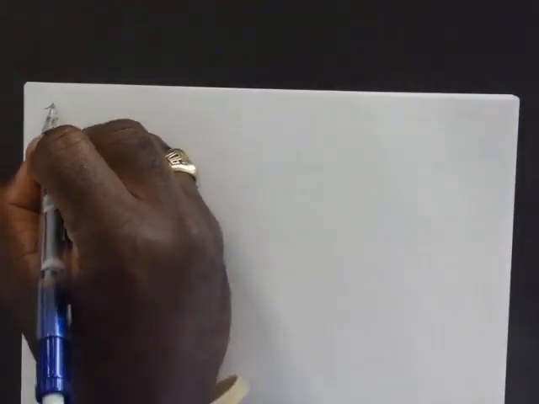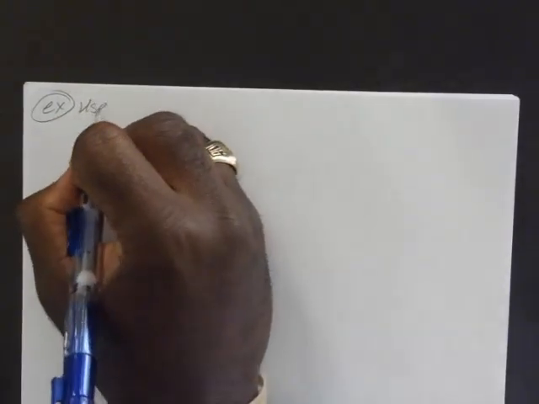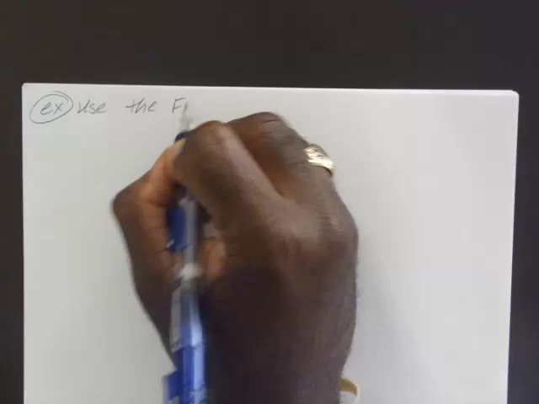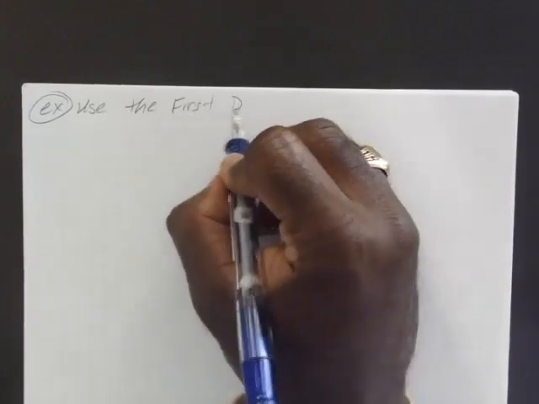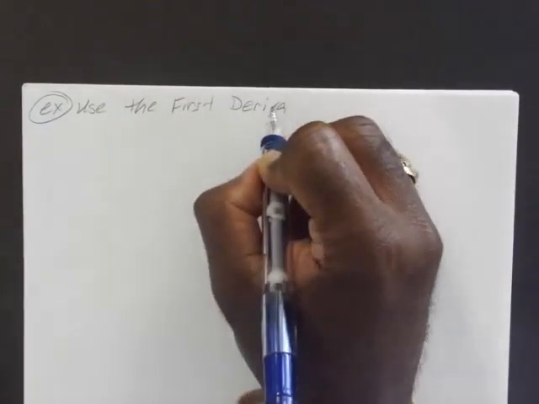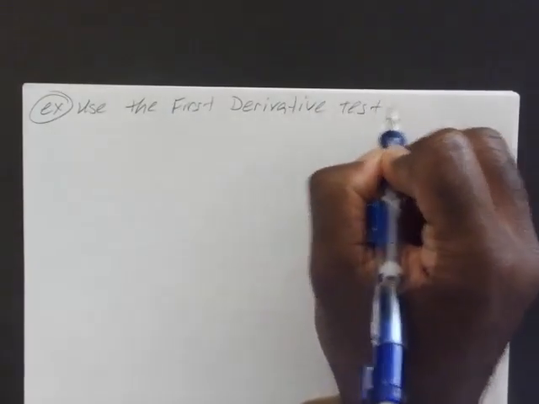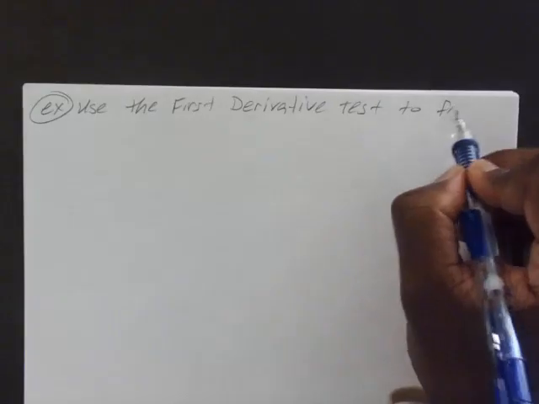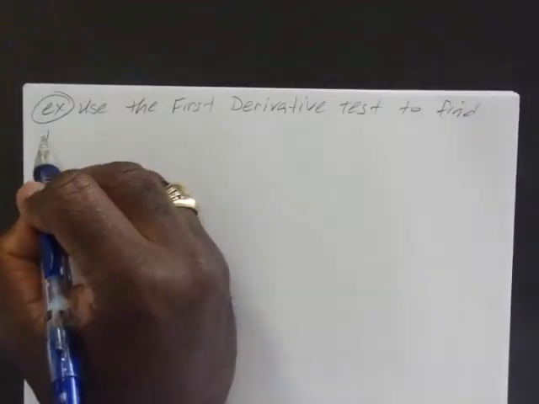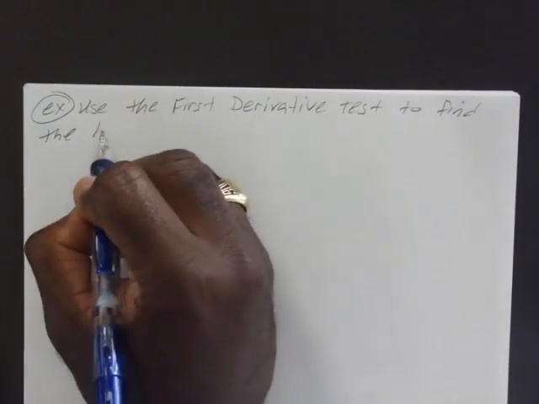So let's say, for example, we wanted to use the first derivative test to find the local extrema.